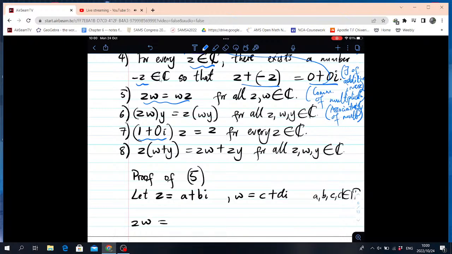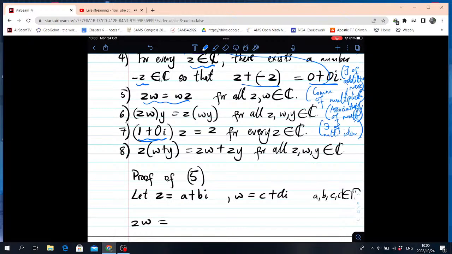So that multiplicative identity for real numbers is just extended to complex numbers. It's the same multiplicative identity; here we just rewrote it as a complex number. So this is existence of multiplicative identity.